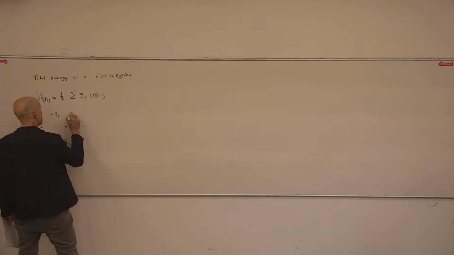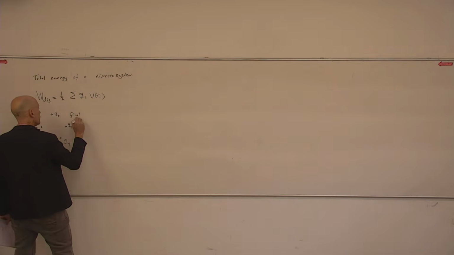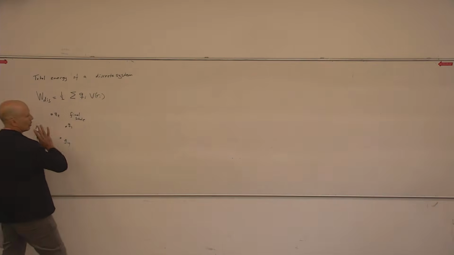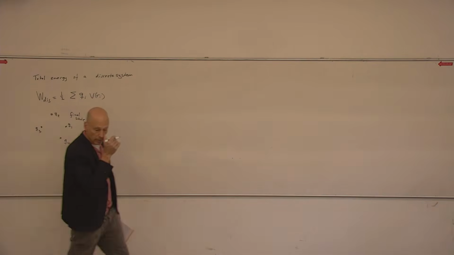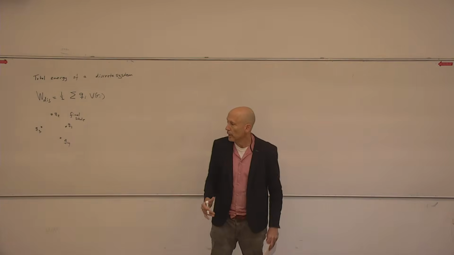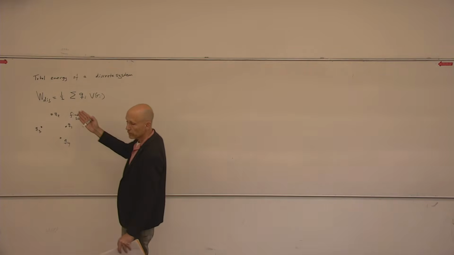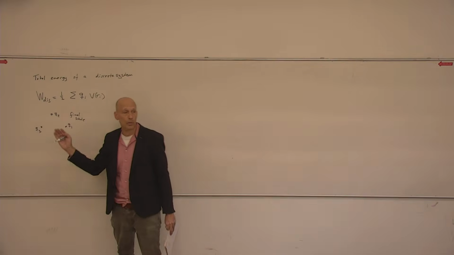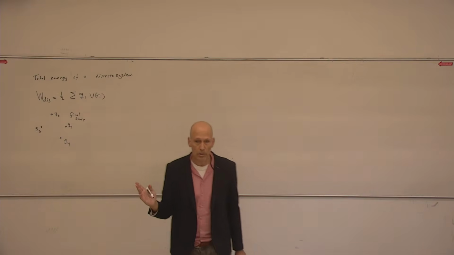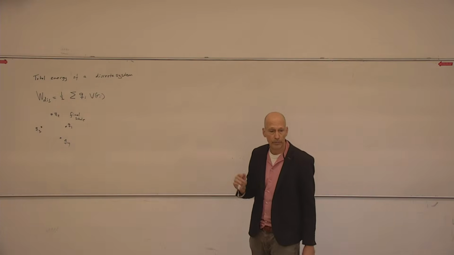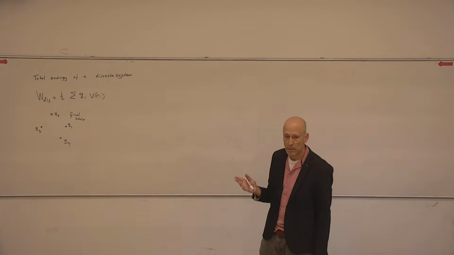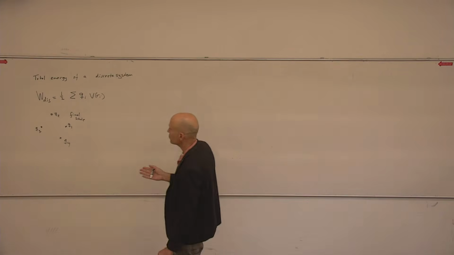And this is the final state. And at the beginning, they were all separately at infinity. I brought them together, and now this is the work I needed to do, and that means this is the energy of the system. Somehow I can use this energy, maybe I can let them go away and I can use it in some option. But this is the energy of the system.